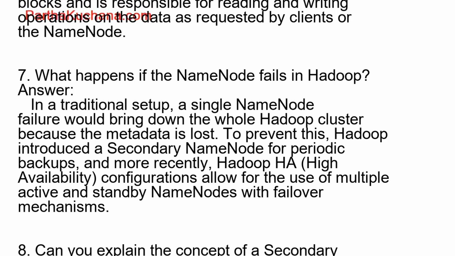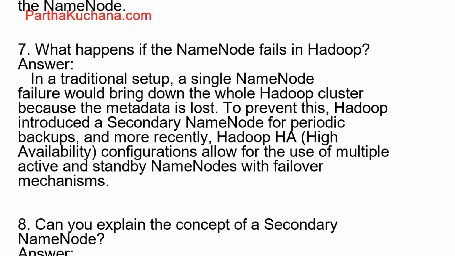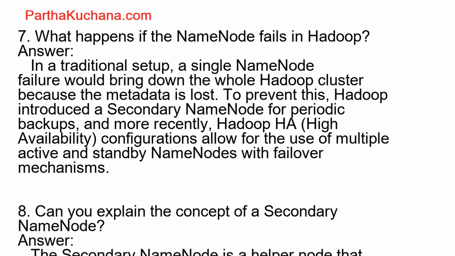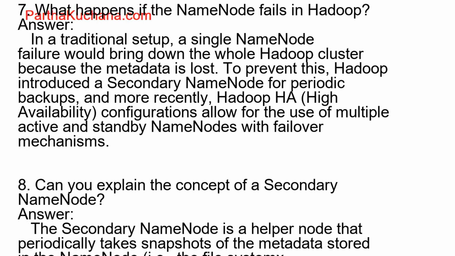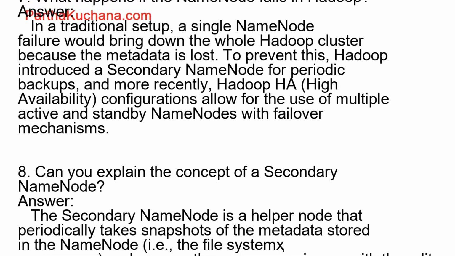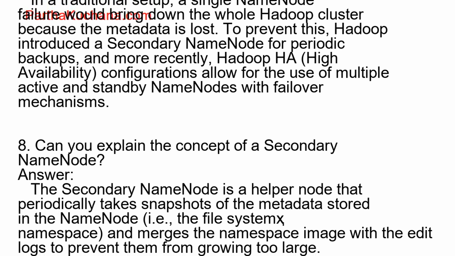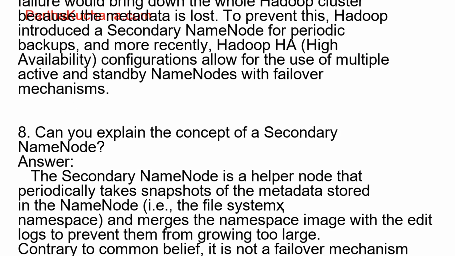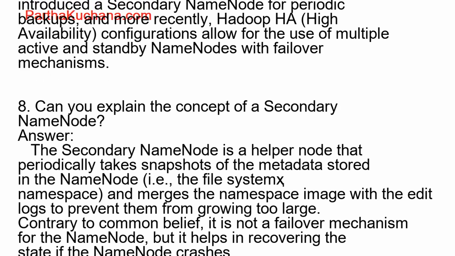9. What are the main differences between Hadoop 1.x and Hadoop 2.x? Answer. Key differences include YARN. Hadoop 2.x introduced YARN, decoupling resource management from application management. Scalability. Hadoop 2.x can scale much higher due to YARN, allowing multiple applications to run simultaneously.